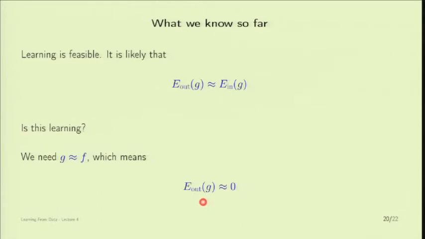But now with the theory, I was able to tell you that you have a window on E out by dealing with E in, if you have the right checks in place, that we developed vaguely as the number of hypotheses is not too big, and we will define it very accurately when we get to the theory part. So if you have that, all of a sudden, E in is an important quantity because now it acts as a proxy for E out that you don't know. So this is not a total waste, but it's only half the story.